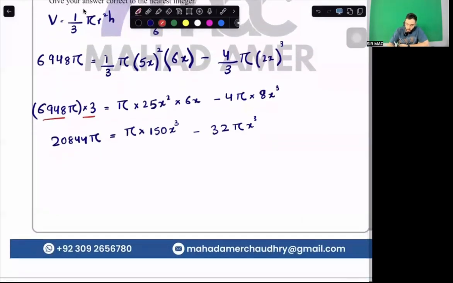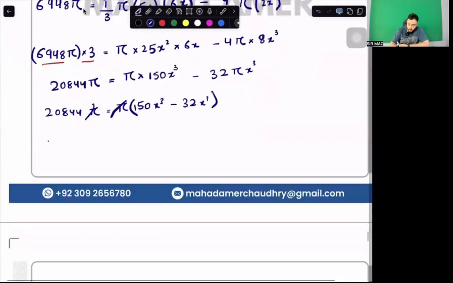So pi is in all three. I should never solve it with the value of pi; a lot of students just put the value of pi and then get really confused. I just took pi as common and cancelled it out. Now I have 20844 equals 150 minus 32, which is equal to 118x cubed.